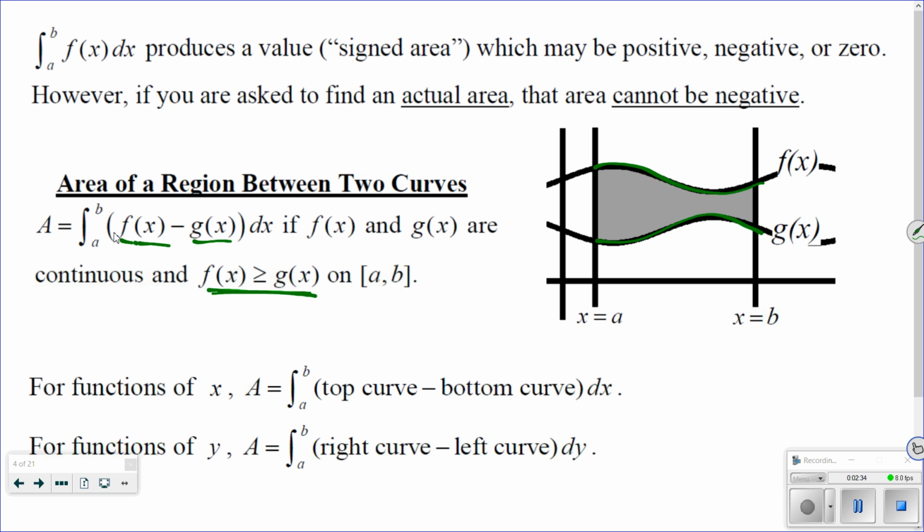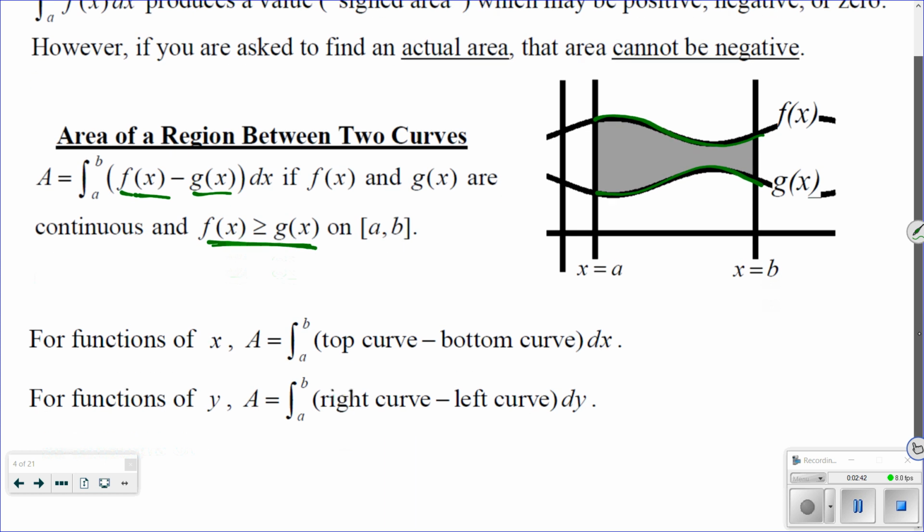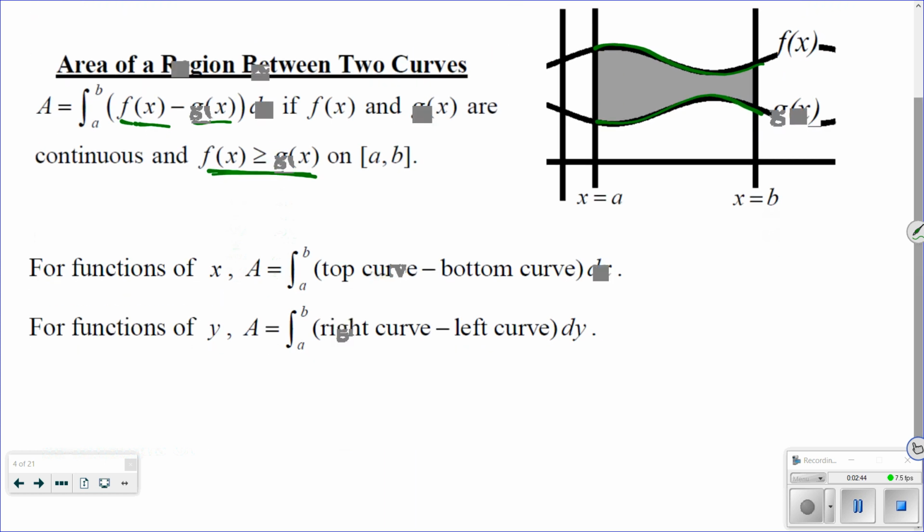Now, a really important thing is most of the stuff we've dealt with this year has been functions of x. If that's the case, it's always going to be top curve minus the bottom curve. Sometimes we'll deal with things that are functions of y. So if you look down here, functions of y. When you do that, it's going to end up being the right curve minus the left curve. Notice how instead of being dx, it's dy.